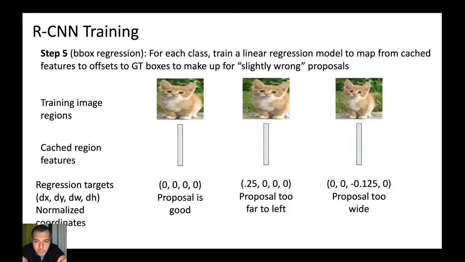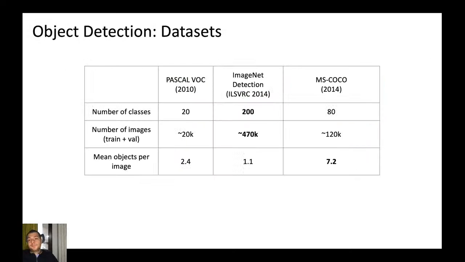So even if the proposal is not perfectly centered on the image, since they have this regression incorporated in the model, they can try to predict the correct bounding box for the object. So even if the object is not centered or is truncated from the region proposal, they can correct this through the bounding box regression head.